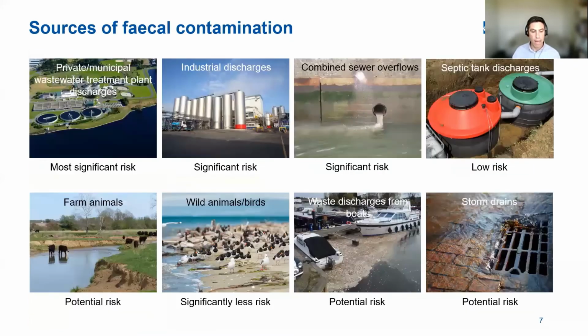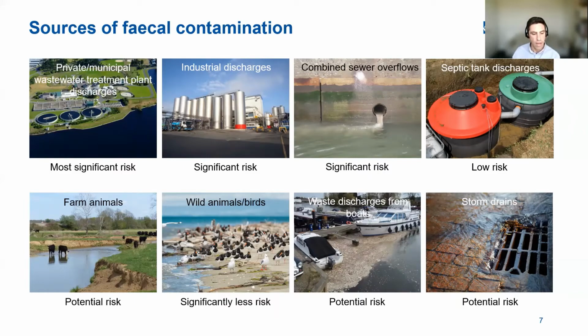So when we talk about sources of contamination, there are many different types of sources affecting aquatic environments. The sources of greatest impact really differ from area to area, and their relative contributions in different areas are also affected by meteorological effects, such as rainfall.